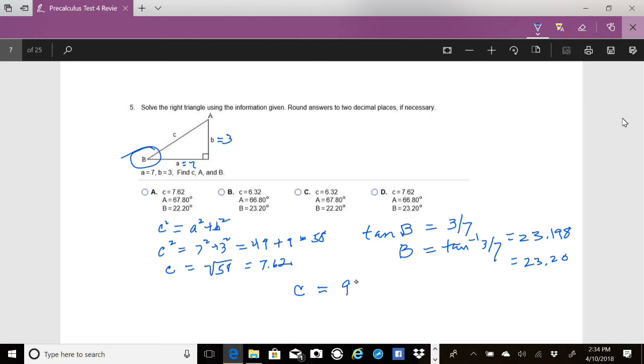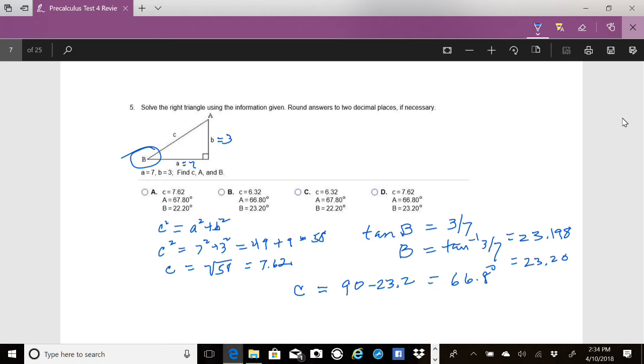And then finally, we can get the other angle by just subtracting B from 90 degrees. So that would be 90 minus 23.2 equals 66.8 degrees.